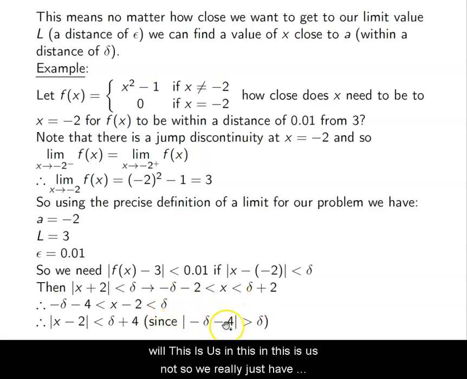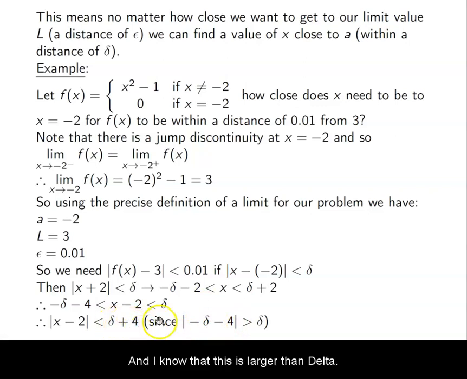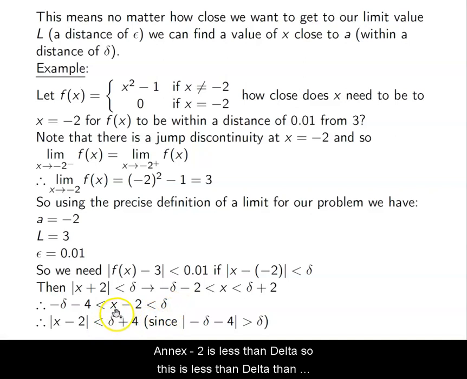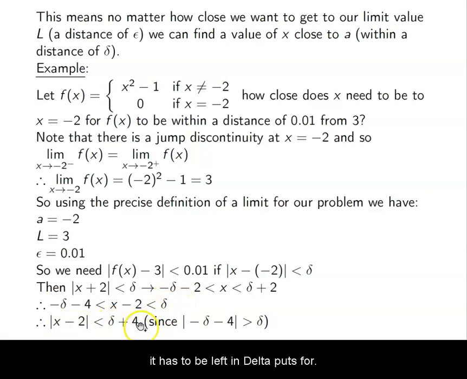If I took negative 3 minus 4, that's negative 7, a value of 7. So I can take this value and make it positive, and I know that this is larger than delta, and x minus 2 is less than delta. So if this is less than delta, then it has to be less than delta plus 4.